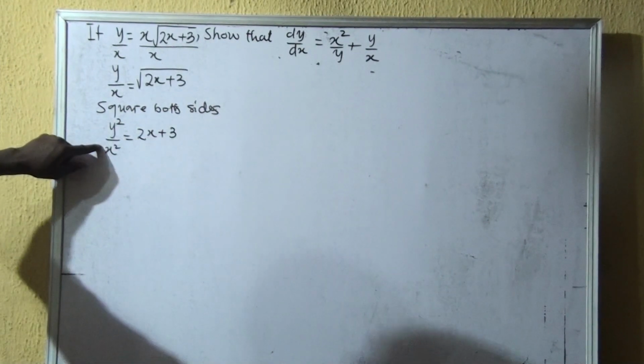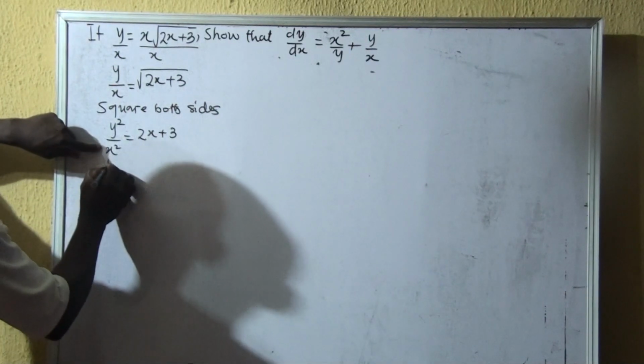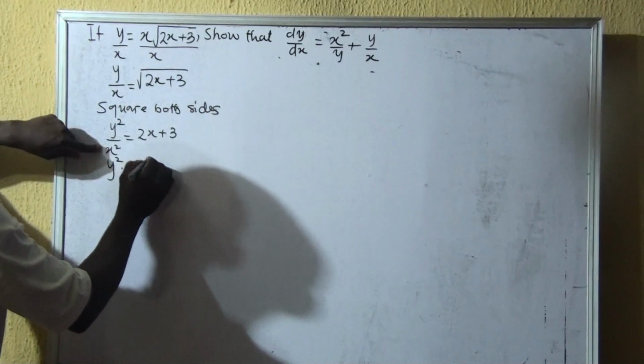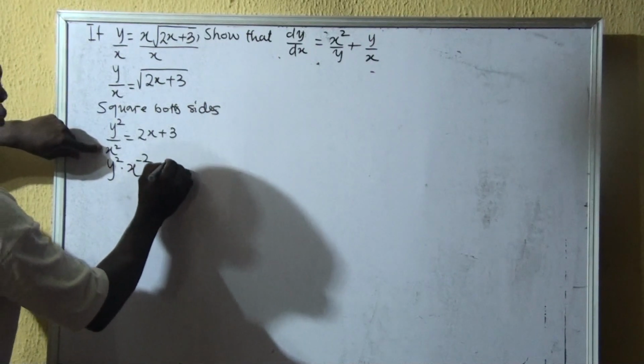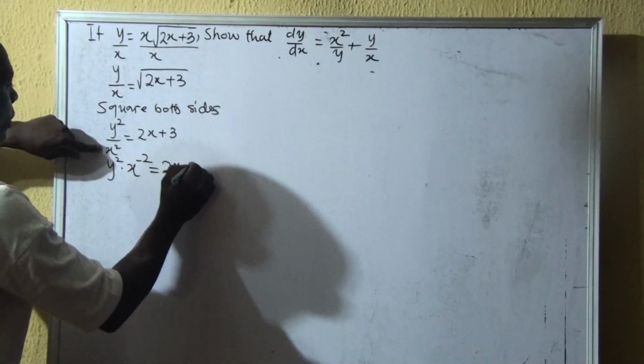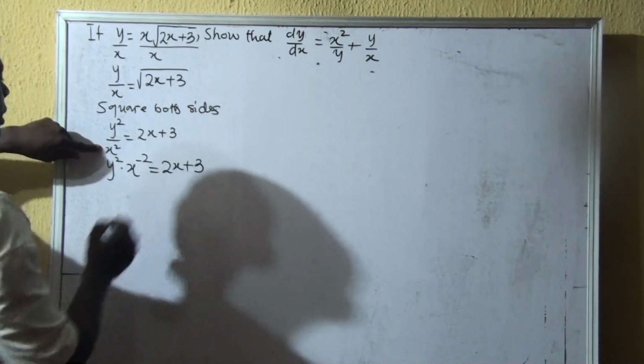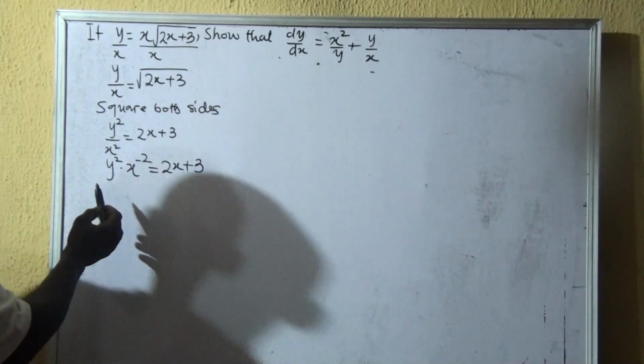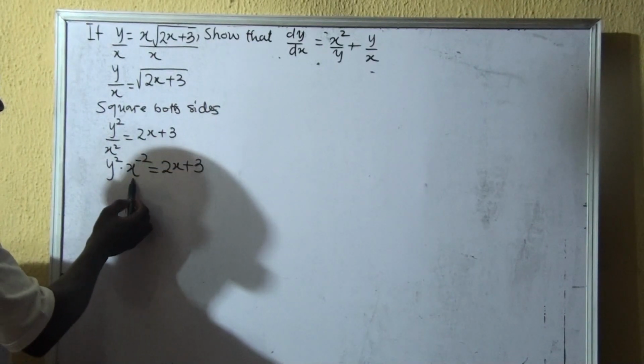Then this expression can also be written as y squared times x raised to power minus 2 is equal to 2x plus 3.